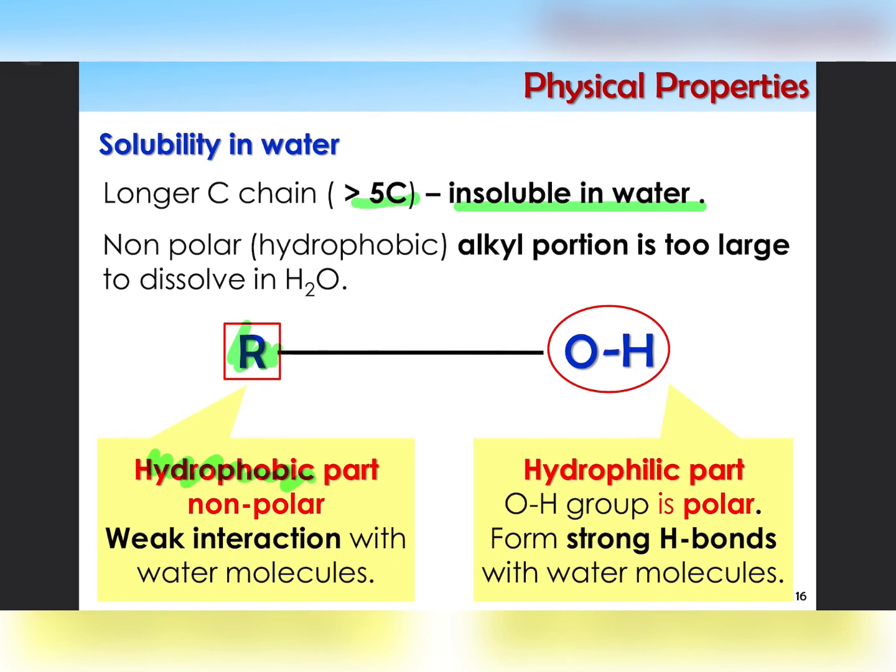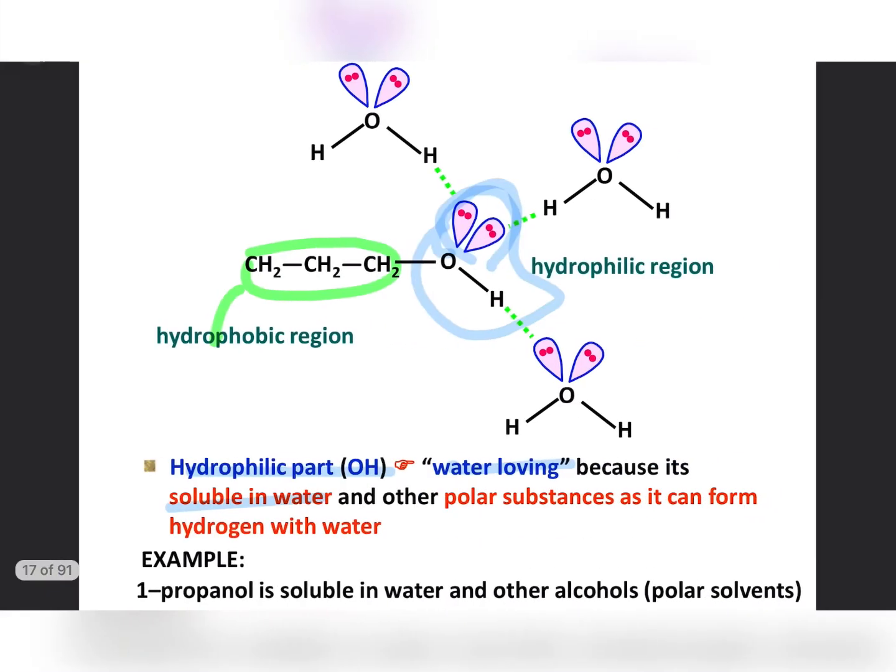So bahagian alkyl group tu akan membuatkan alkohol tu insoluble in water kalau terlalu panjang. Sebab your hydrophilic part yang soluble in water hanyalah OH kecil. So that is why kita cakap longer than 5 carbon, the alcohol ataupun hydroxy compound is insoluble in water because of the alkyl portion, alkyl group tu terlalu besar untuk dissolve in water.